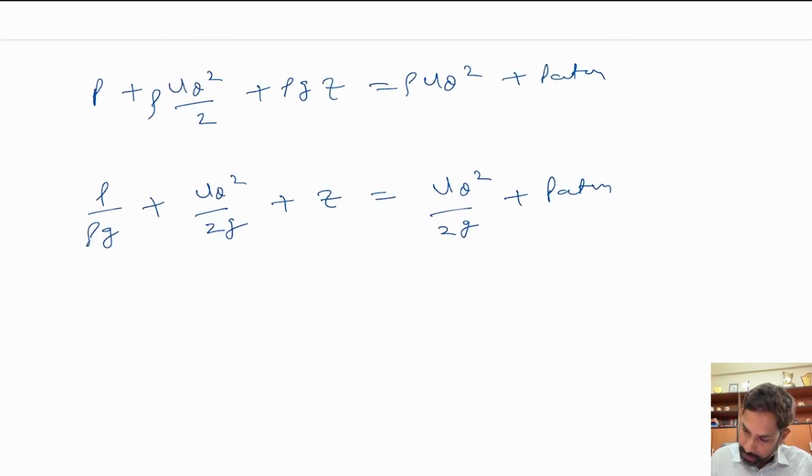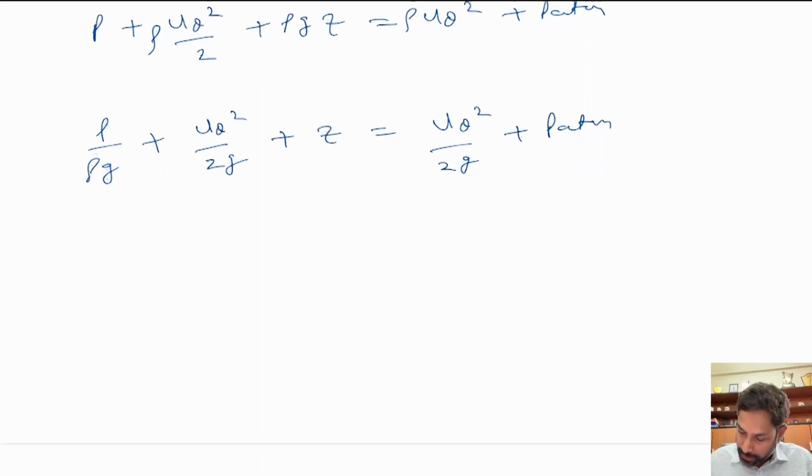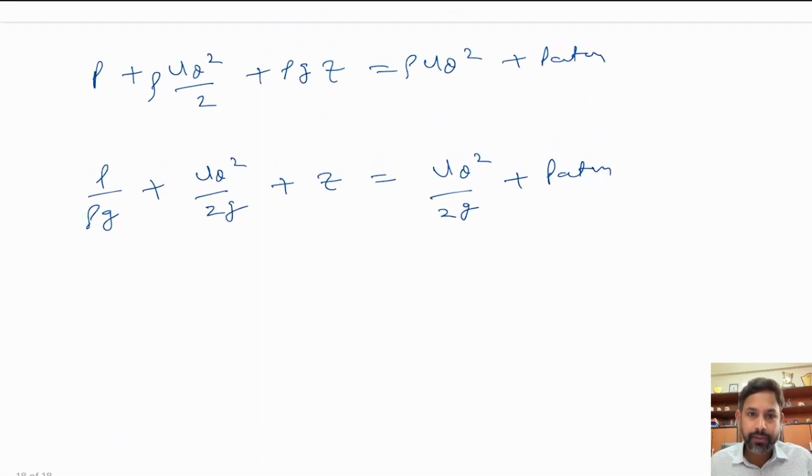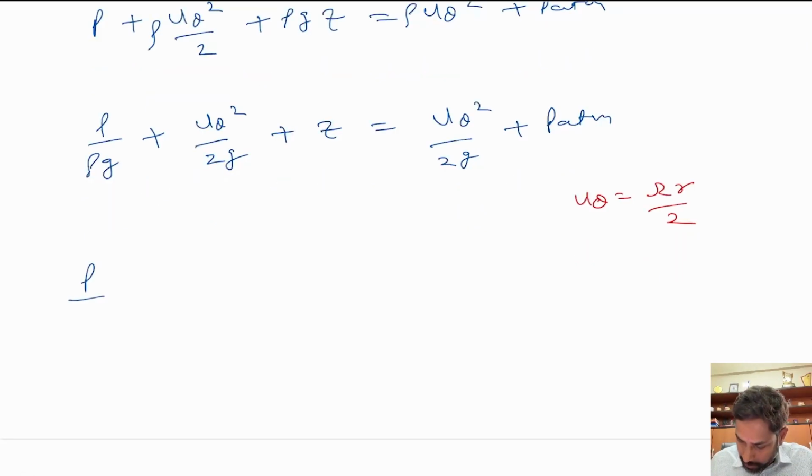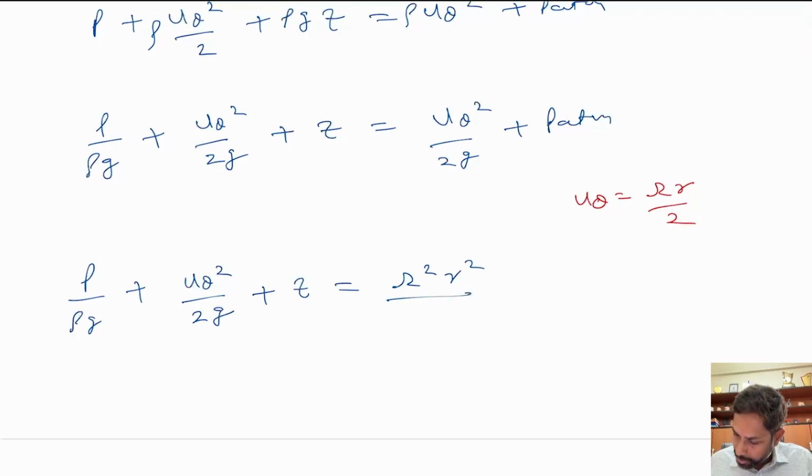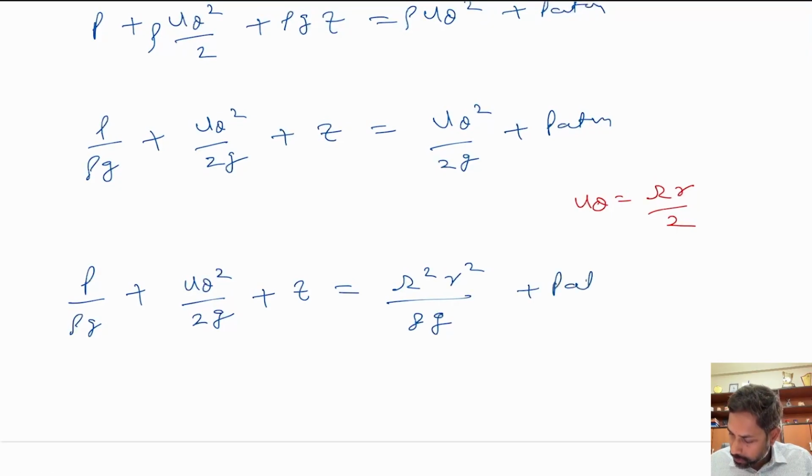Okay, so this equation is now correct, right? So what you see in this equation is that the left hand side is the Bernoulli term, right, that we know, whereas u theta here we know is equal to omega r by 2, where omega is a constant but r is not, and that's why this equation will read as p by rho g plus u theta square by 2g plus z is equal to omega square r square over 8g plus p atmospheric.